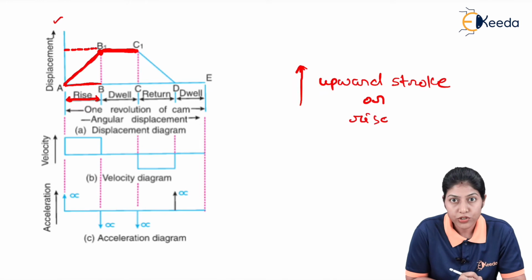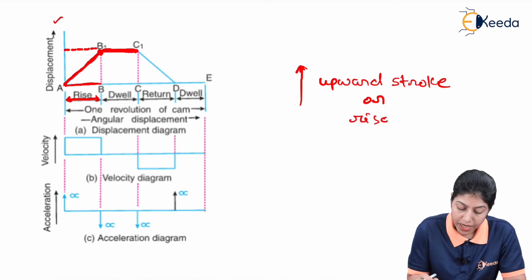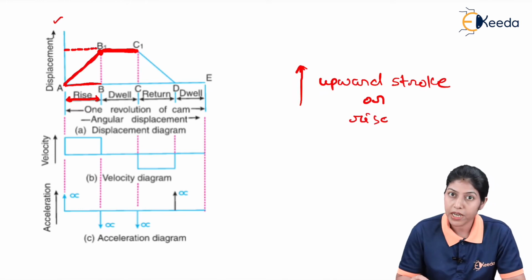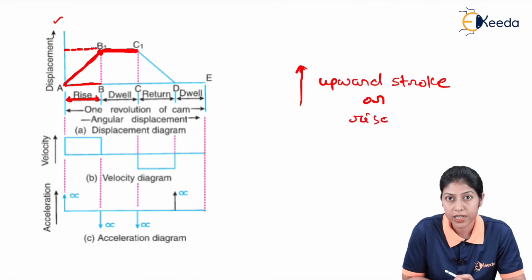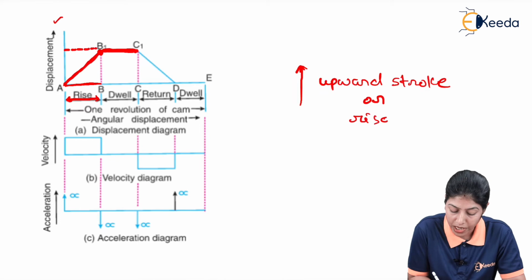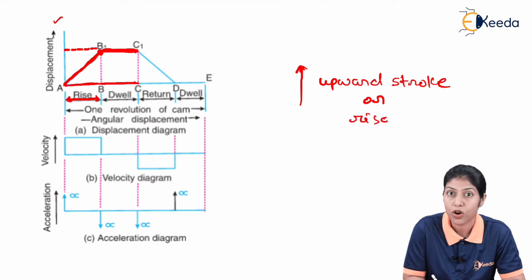It is not at all changing. So follower will be at that particular point, in rest condition completely, but cam will rotate continuously for a particular period of time. So this BC is representing that particular period of time when cam is rotating but follower is not moving.